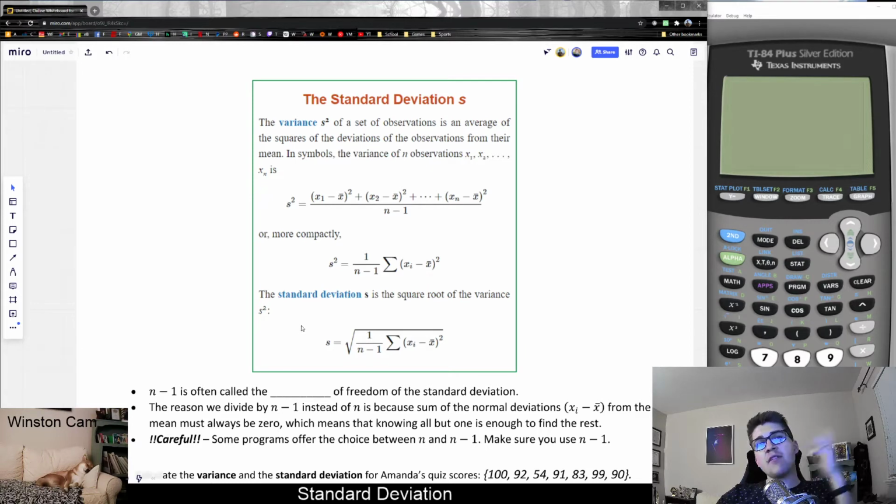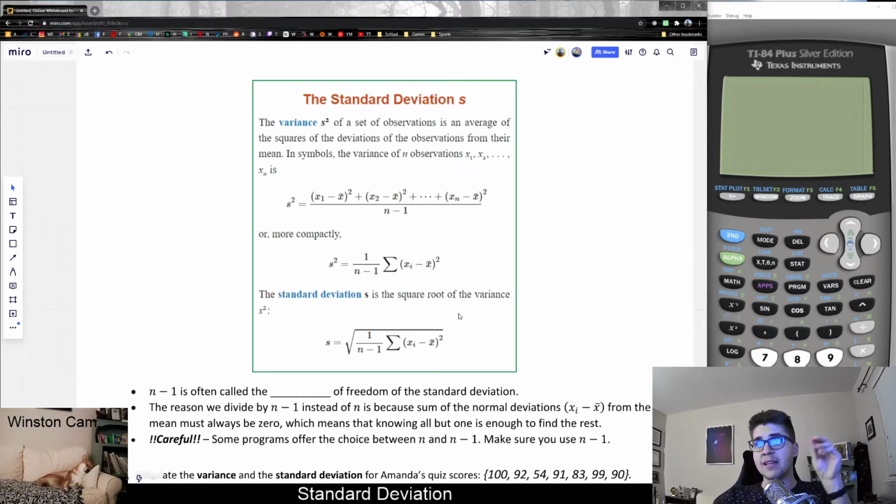And actually, if you've ever had stats before or have any familiarity with standard deviation, the Greek letter sigma, which looks like a little circle with a little hat on it, is used for standard deviation quite commonly as well. There's a contextual reason why it's used as S sometimes and sigma in other cases.